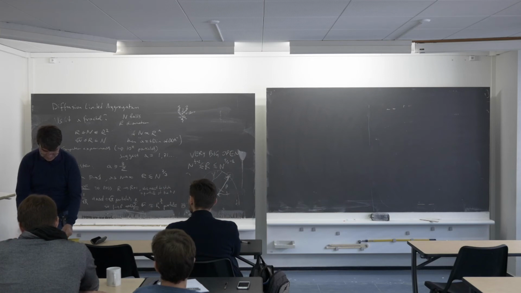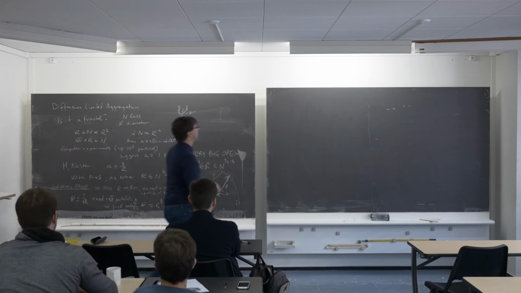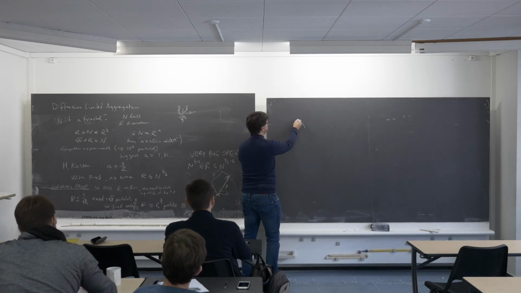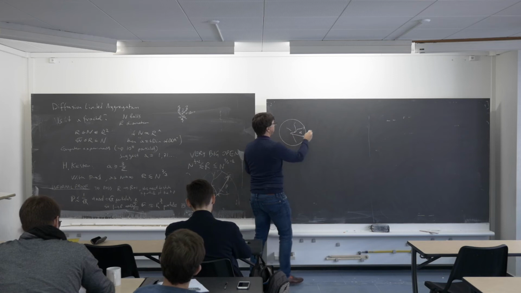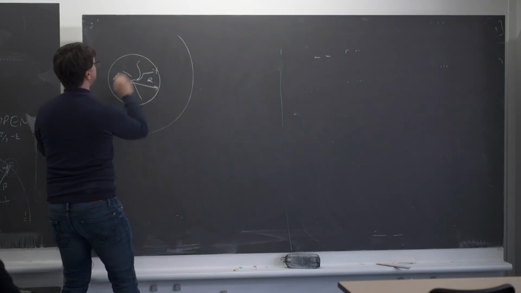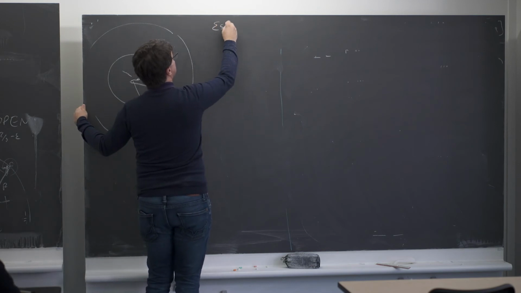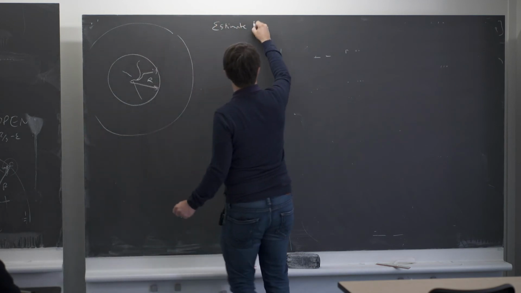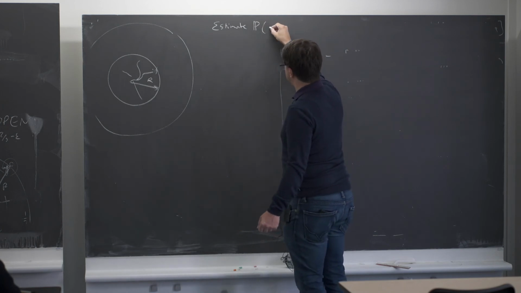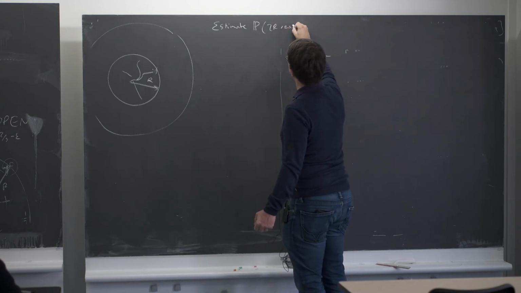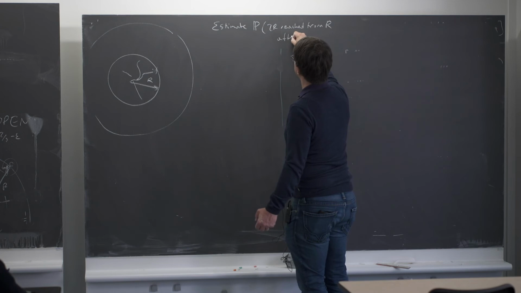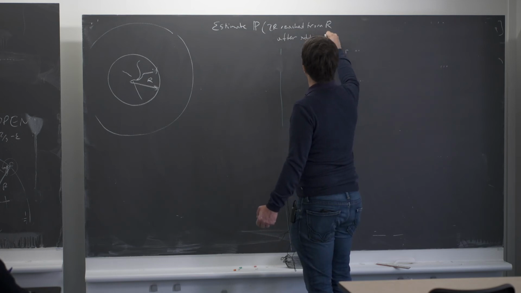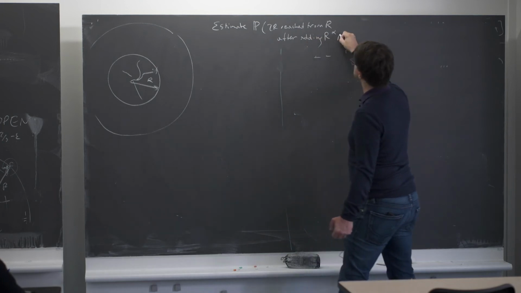So basically, let's do the following thing. We have a DLA of size r, and we estimate the probability that size 2r is reached from r after adding r to the power alpha particles.